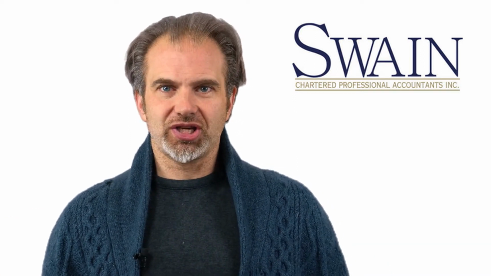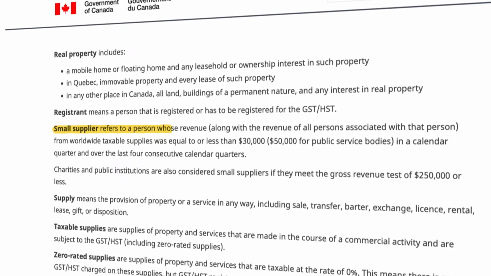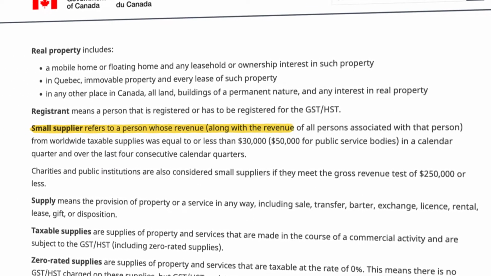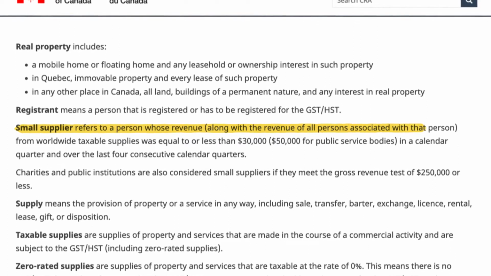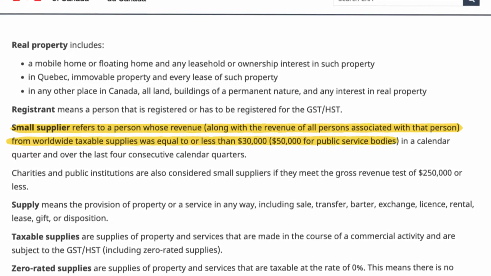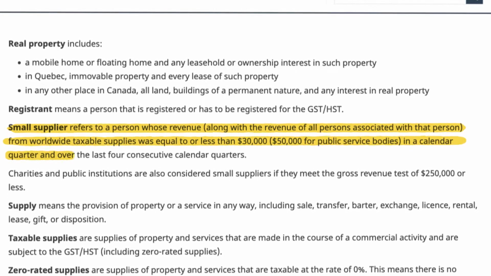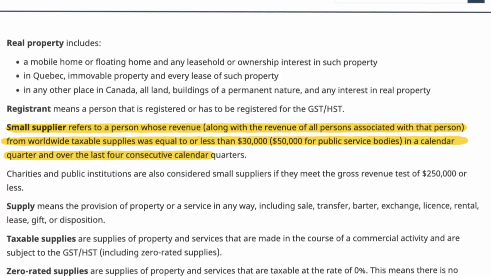And here's the definition of a small supplier, and this comes right from the CRA website. A small supplier refers to a person whose revenue, along with the revenue of all persons associated with that person, from worldwide taxable supplies, was equal to or less than $30,000 in a calendar quarter and over the last 4 consecutive calendar quarters.